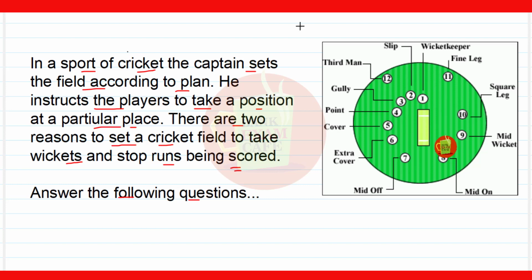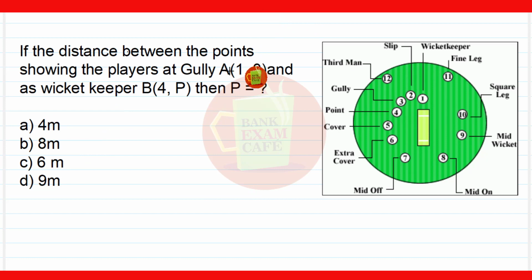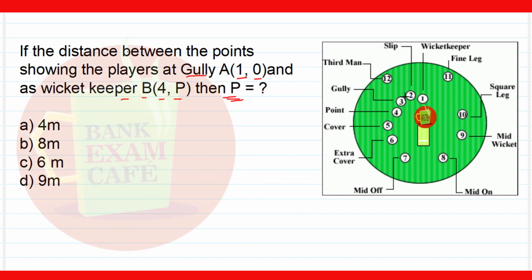So here is the first question on the screen, that if the distance between the points showing the players at gully whose coordinates are 1 and 0 and the wicket keeper at point B whose coordinates are 4 and P, then find the value of P. Friends, here is the gully point and this is the wicket keeper, and the coordinates of the gully point and the wicket keeper are given.